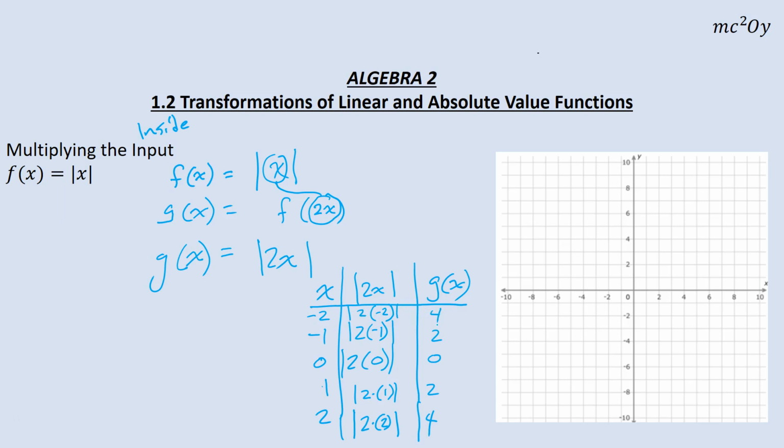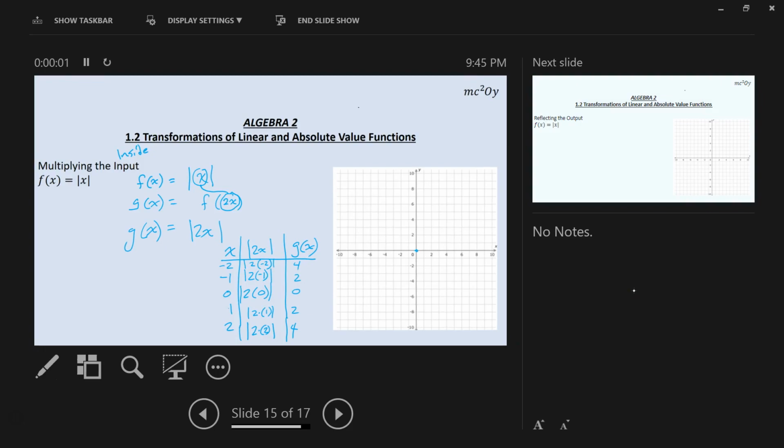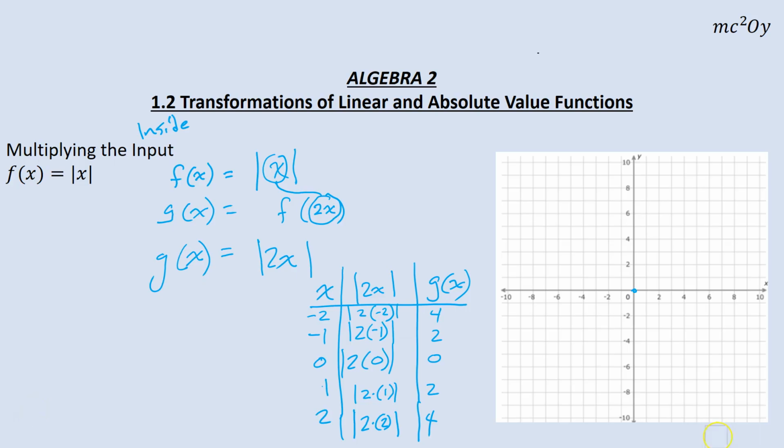And so if I plot those points, there's my 0, 0, my 1, 2. Oops, I switched colors there. So my 1, 2, my 2, 4.